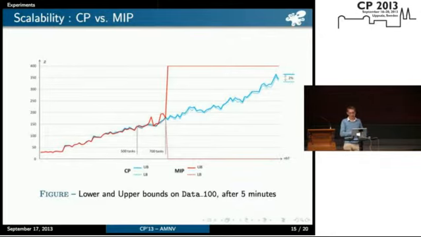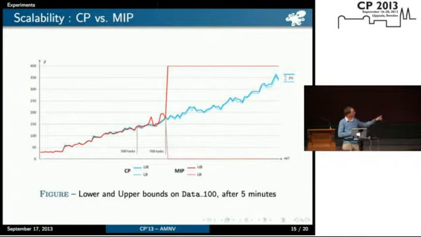And so, in contrast, the CP approach is much more reliable. It always outputs something, and something which is actually quite good. We have a 2% gap between the two bounds, and so it's a much safer approach for this kind of problem.